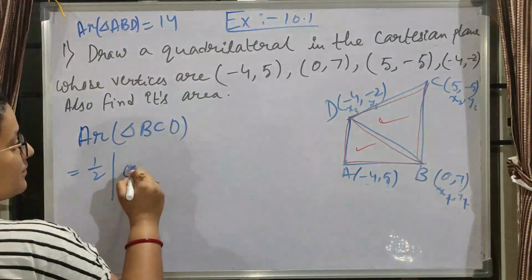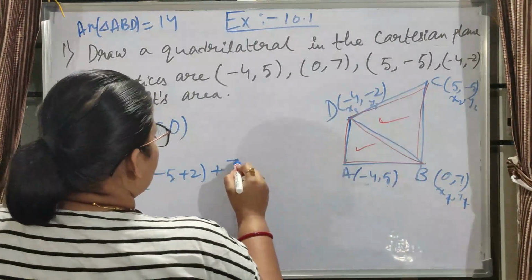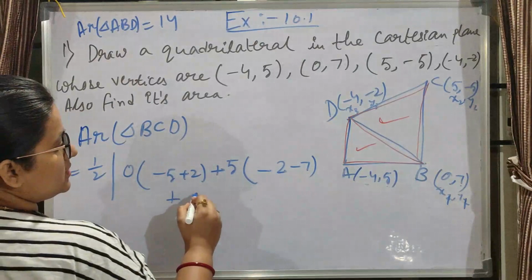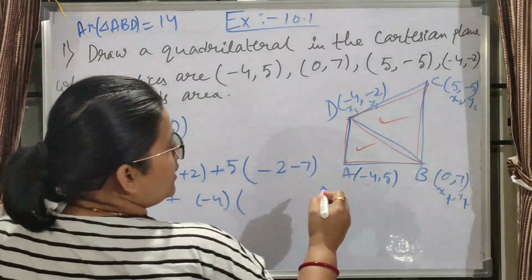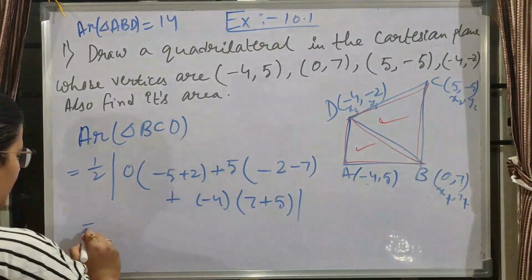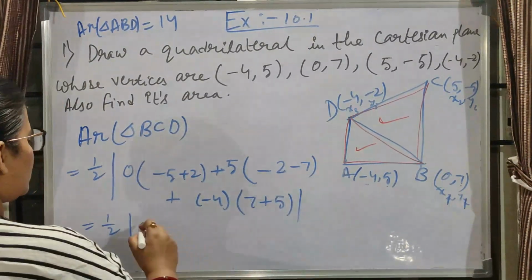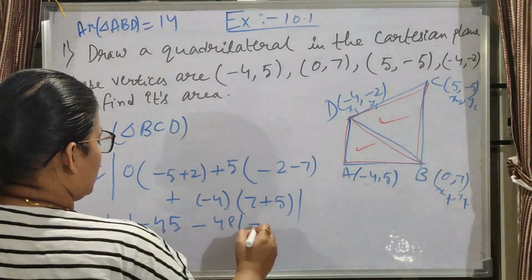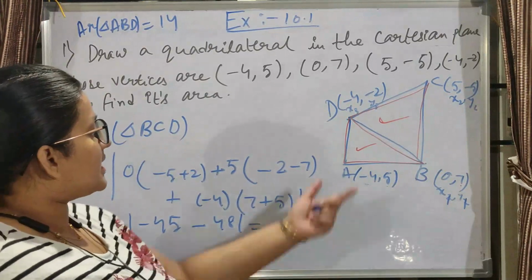So 0 into (-5 plus 2), plus x2, that is 5 into (y3 minus y1), plus x3, that is -4 into (y1 minus y2), so that's 7 plus 5. So this is minus 9, so minus 45 minus 48. So the area is 93 by 2. Okay, so this is the area of triangle BCD.